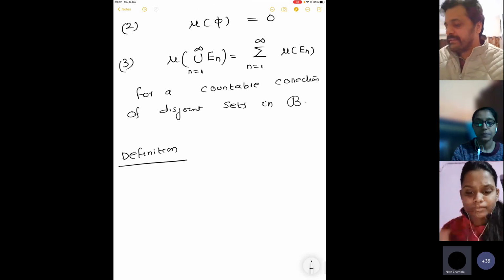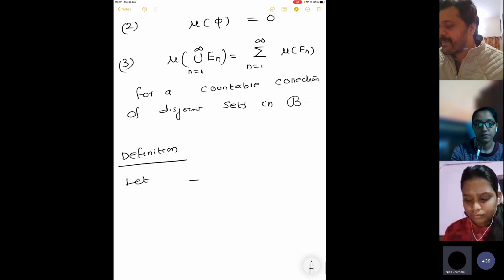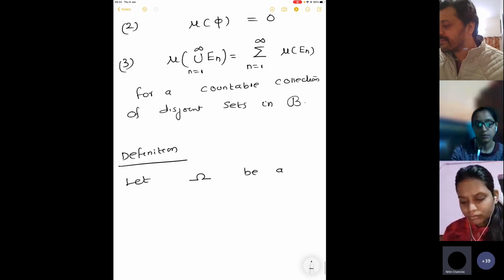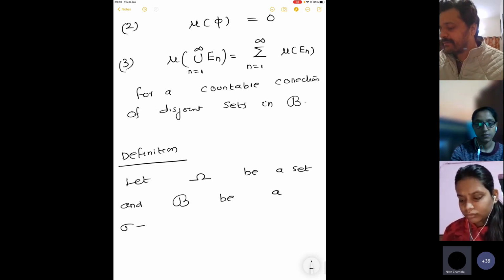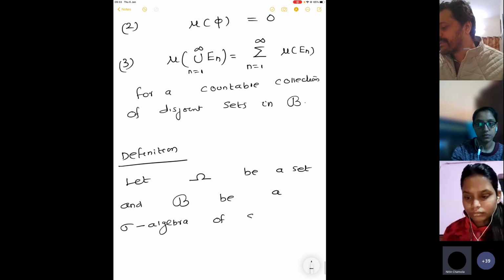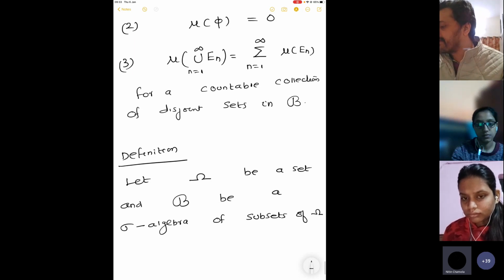Definition. Let omega be a set and B be a sigma algebra of subsets of omega. Then B will satisfy certain conditions I have already told.